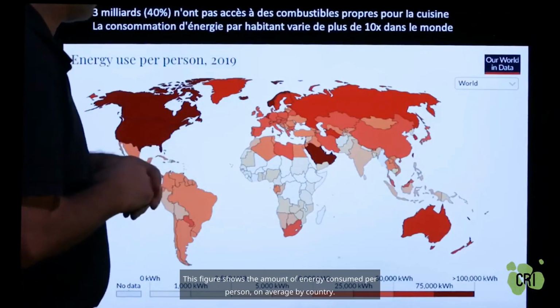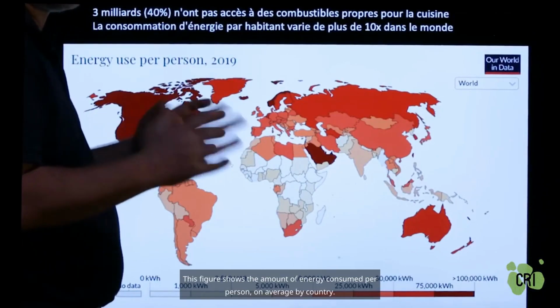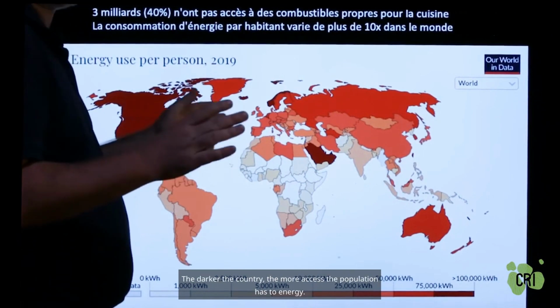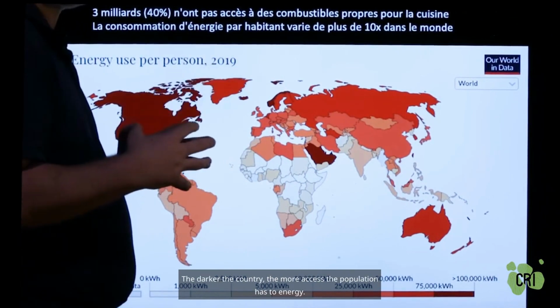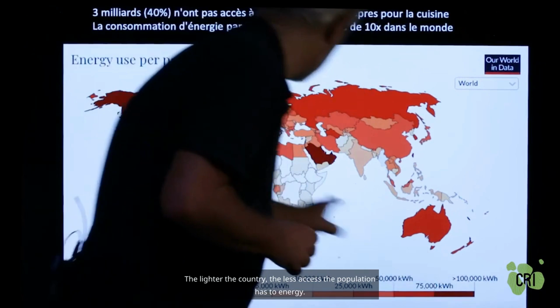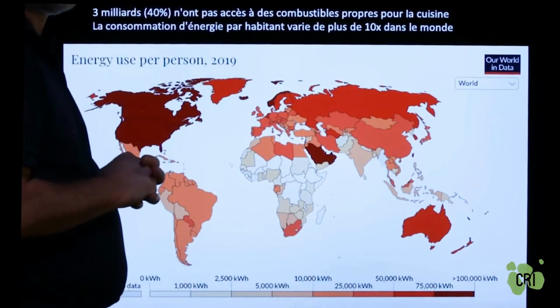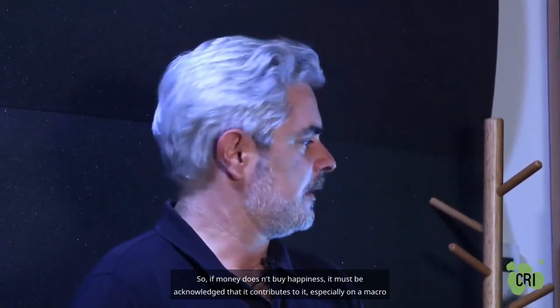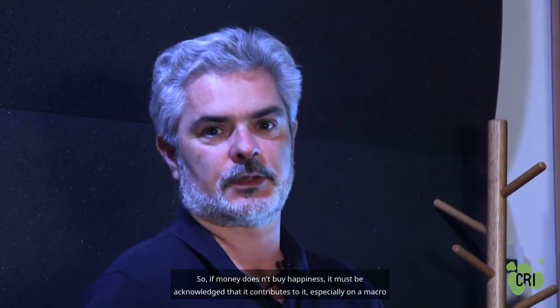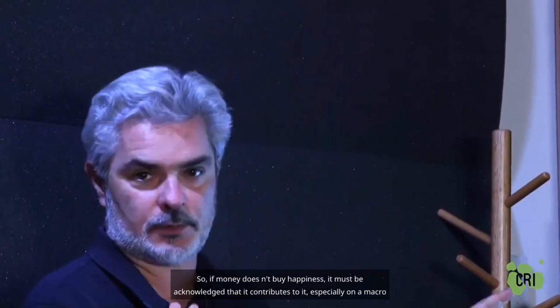This figure shows the amount of energy consumed per person, on average by country. The darker the country, the more access the population has to energy. The lighter the country, the less access the population has to energy. So if money doesn't buy happiness, it must be acknowledged that it contributes to it, especially on a macro scale.